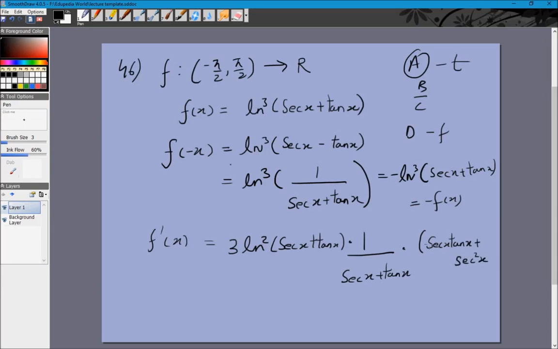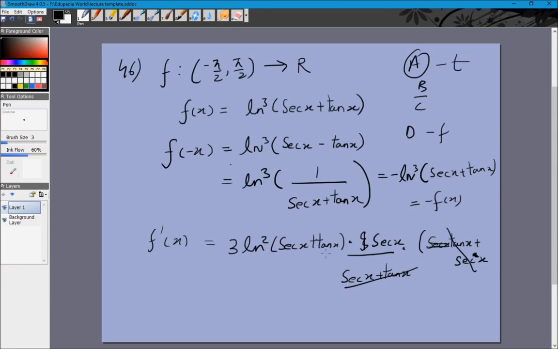Now we take sec x common, and sec x plus tan x and sec x plus tan x cancel. So what we are left with is sec x. Because you take sec x common from this, you are left with sec x plus tan x, which cancels with sec x plus tan x.